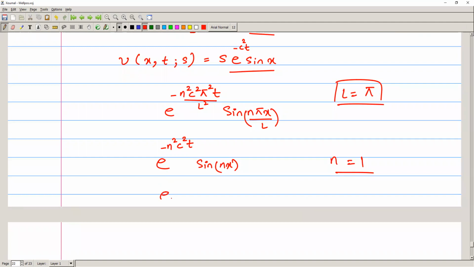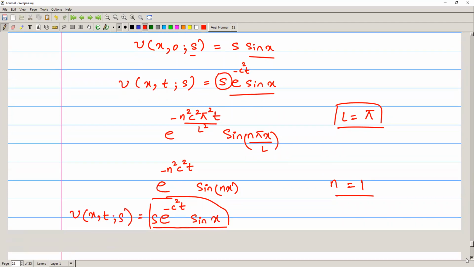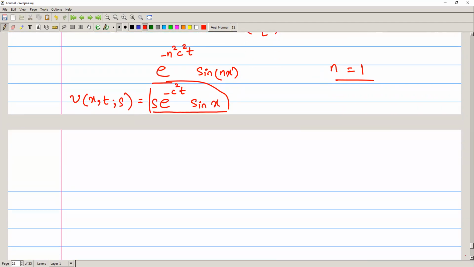So this will be now e to the power negative c squared t sine x, right? So this is the actual function that we need, that is v of x comma t such that s, and s will also be here because of this s, right?